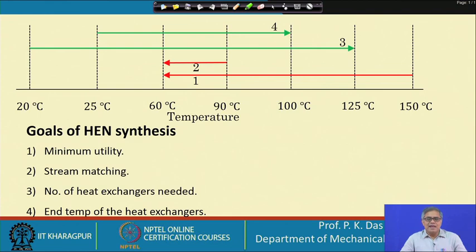Then every heat exchanger I have considered to be an indirect type counter flow heat exchanger. So, there will be 2 streams, and for each stream there will be two temperatures, inlet temperature and outlet temperature. So, for a heat exchanger there will be 4 terminal temperatures, 2 inlet temperatures and 2 outlet temperatures. All these 4 temperatures also I have to tell. Then I will get a complete picture of the heat exchanger network.